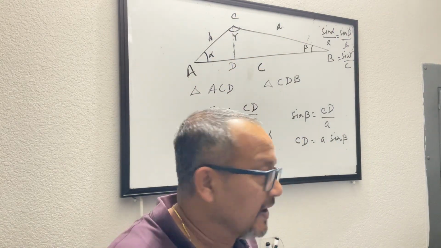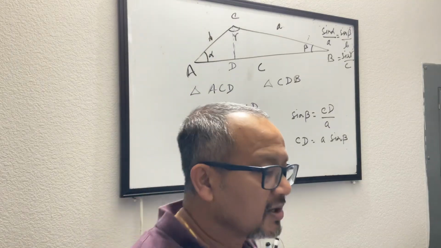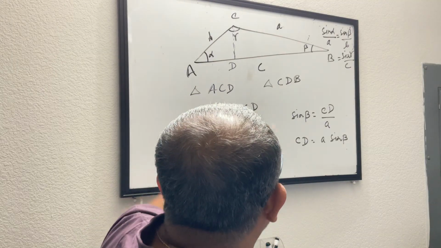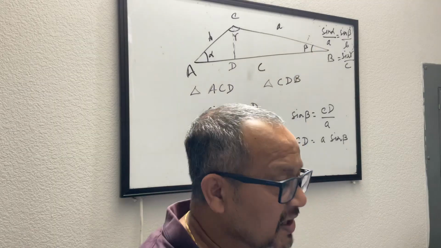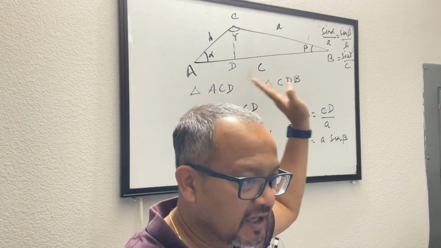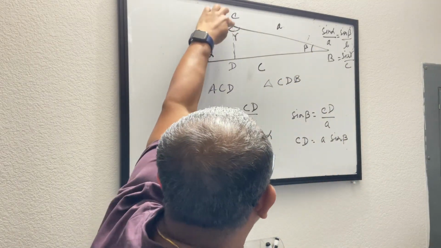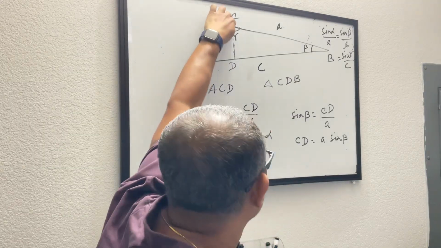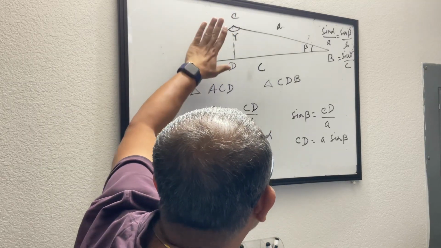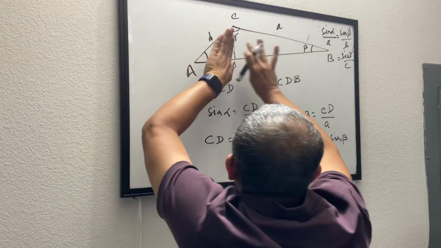I did nothing fancy. I just took a triangle, gave the names alpha, beta and gamma, and figured out which side is opposite to those angles. Then we picked one vertex and dropped a perpendicular meeting at D, which splits this triangle into two right angle triangles.